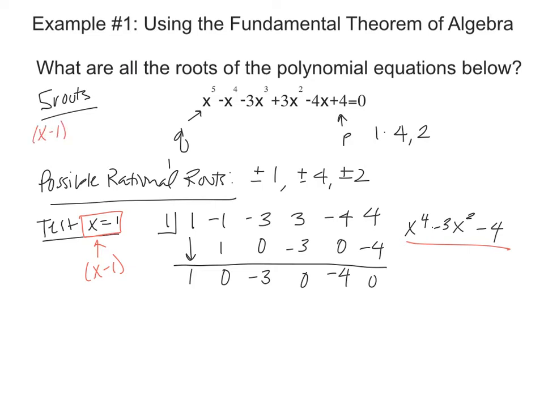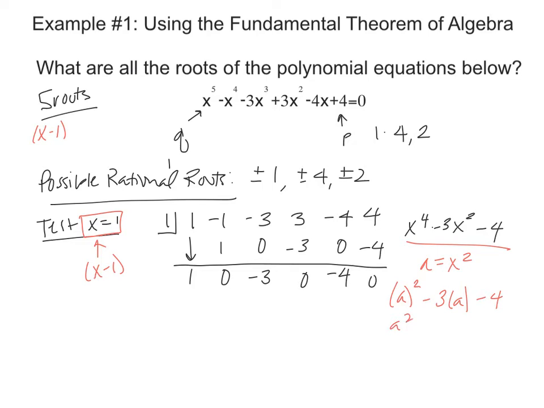Now from here we have to break down x to the 4th minus 3x squared minus 4. Okay, and the only way we're going to be able to do that is we have to use substitution. So remember, we can actually say that a is equal to x squared and rewrite that. So technically this is a squared minus 3 times a minus 4.